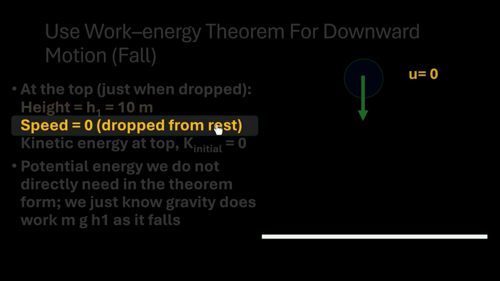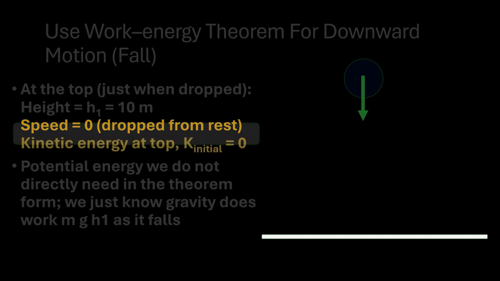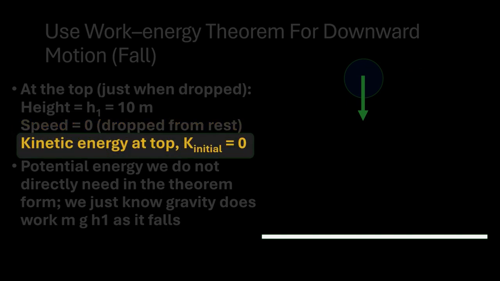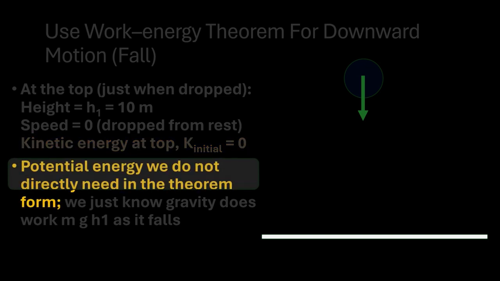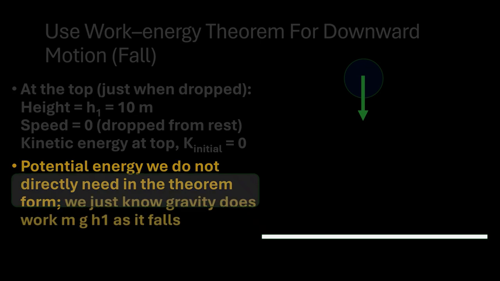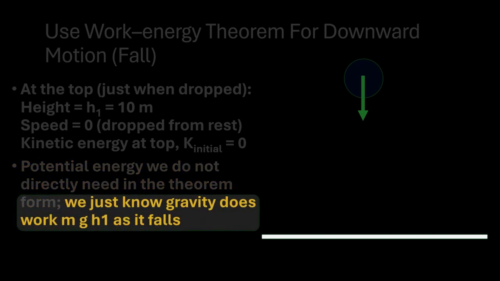Since it is dropped from rest, speed is equal to 0, and therefore the kinetic energy at the top, which is K initial, will be equal to 0. Now, what's the kinetic energy at the bottom? Whatever velocity it reaches, say v, half m v square. Potential energy we do not need to directly find in the theorem because we know that gravity does the work m g h1 as it falls.